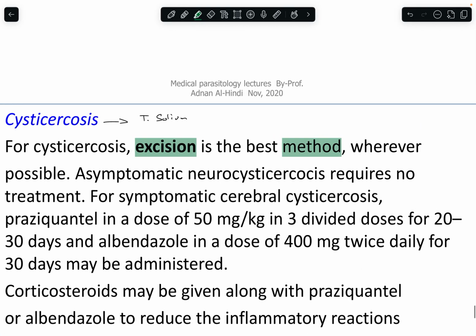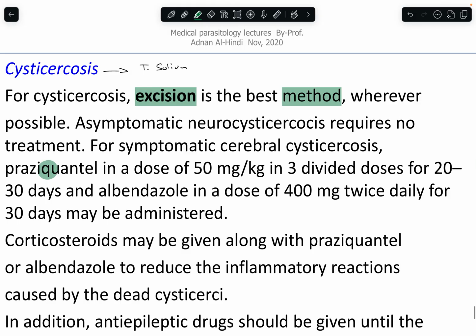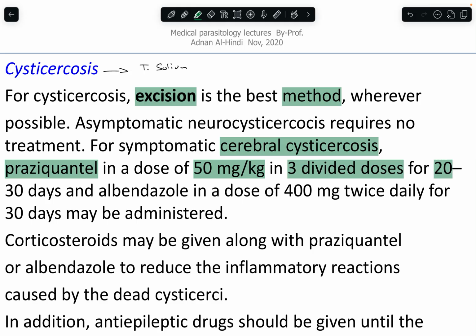For symptomatic cerebral cysticercosis, praziquantel at a dose of 50 milligrams per kg in 3 divided doses for 20 to 30 days, or albendazole in a dose of 400 milligrams twice daily for 30 days.